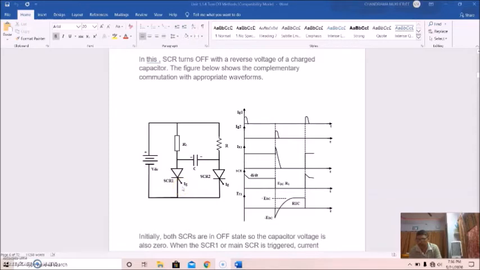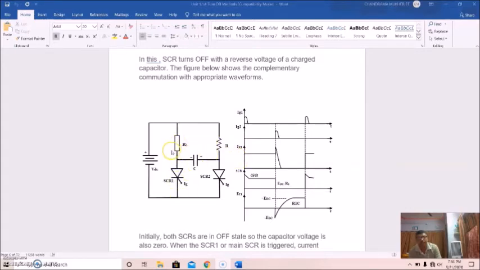In the second mode, when a triggering pulse is applied to thyristor 1, the thyristor 1 will be turned on, and there are 2 currents mainly flowing, namely load current IL and capacitor charging current.